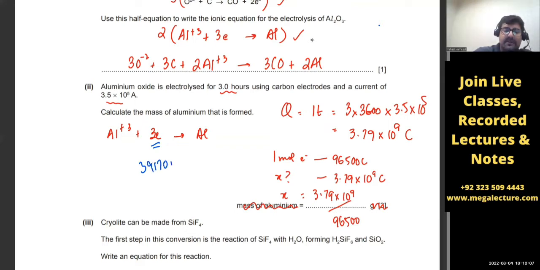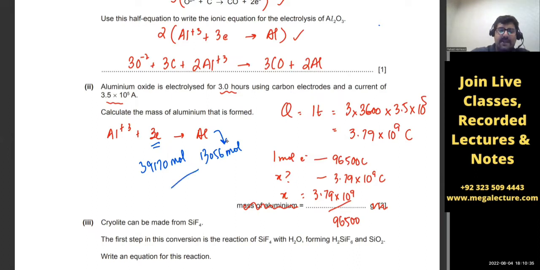That's a lot of electrons, right? So the moles of aluminium would be 3 times less, right? It's 3:1. So we'll find the moles of aluminium, which will come out to be 39170 divided by 3. So I'm going to get 13056. So that's the moles of aluminium.